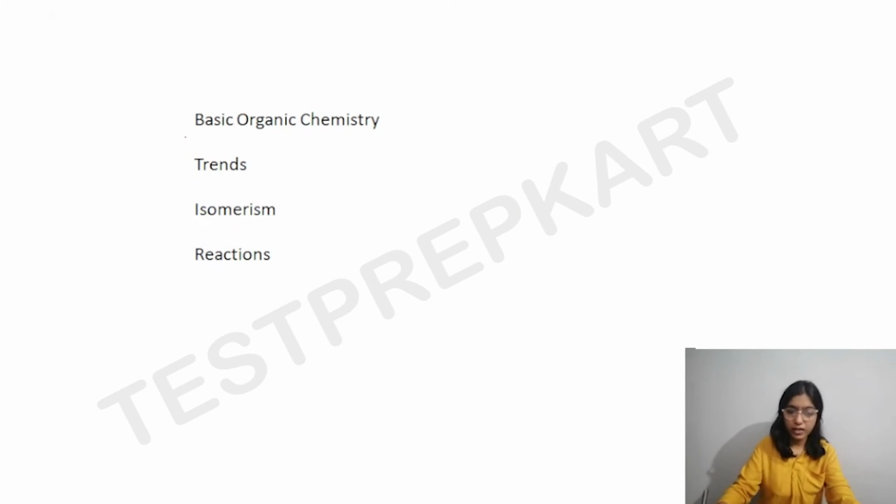For studying organic chemistry, firstly you need to know the basics: all the rules, how bonds move, all the effects, how stability is affected. Once you know that, you need to practice all the questions about trends, stability, acidity, basicity, all these trend questions.